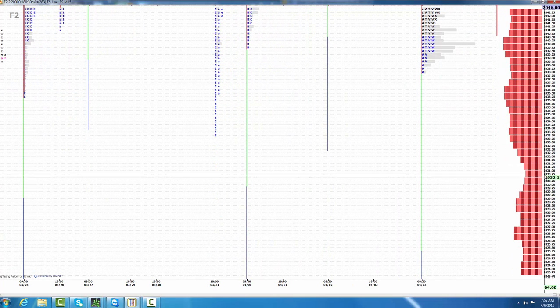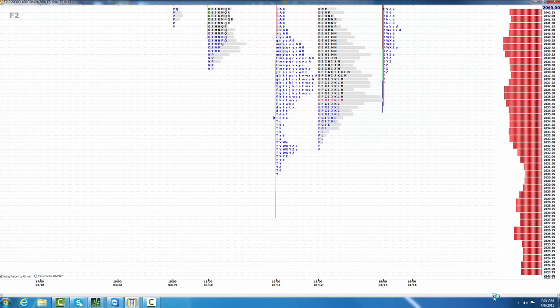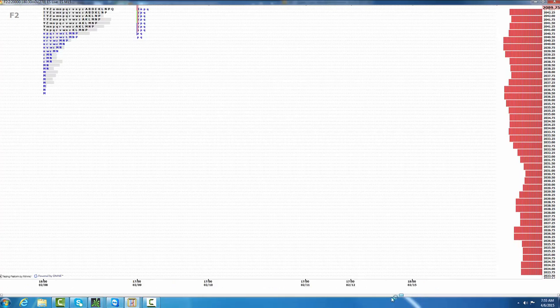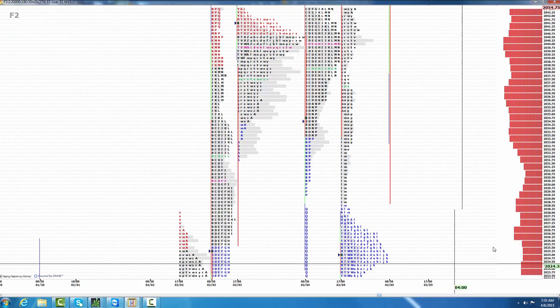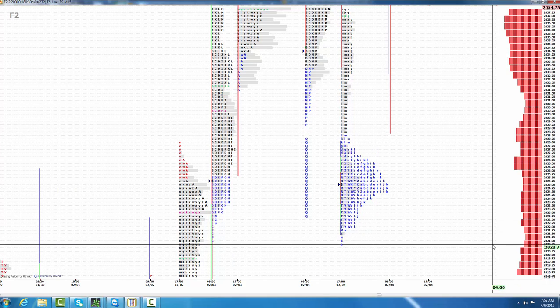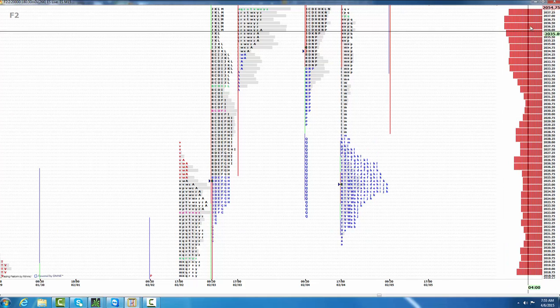Then if I start scrolling back into the profile, let's keep going back till we can start getting some action. I'm looking in this area right here, 2020. These are some objectives I'm looking at. I think the market's going to go back and visit those areas.